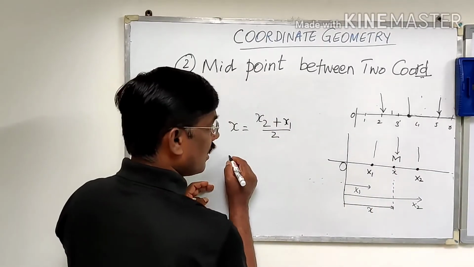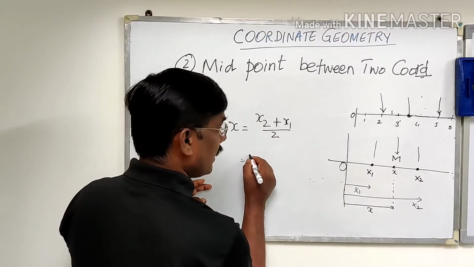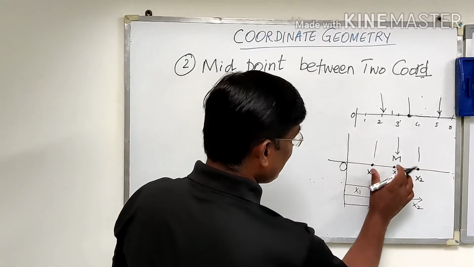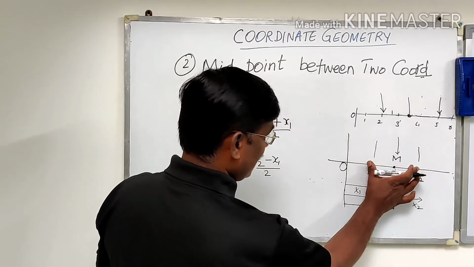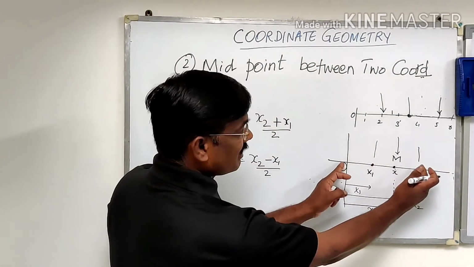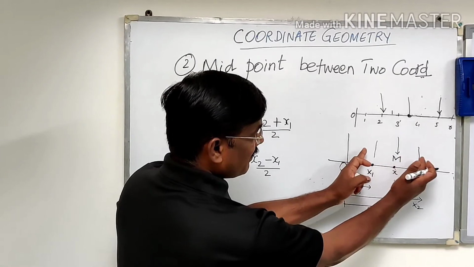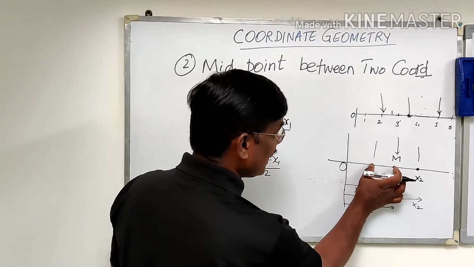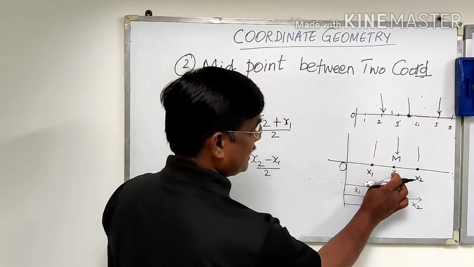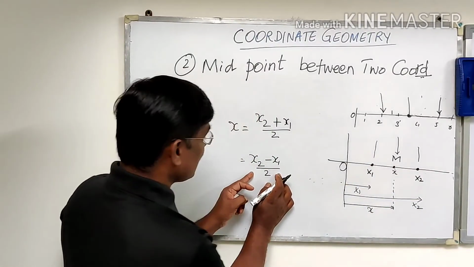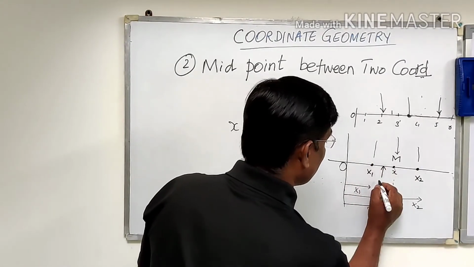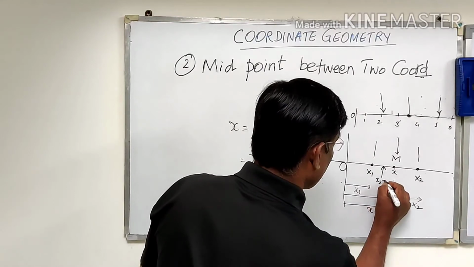So x2 minus x1 divided by 2 gives the length between x1 and x. Okay, so this length is nothing but x2 minus x1 divided by 2.